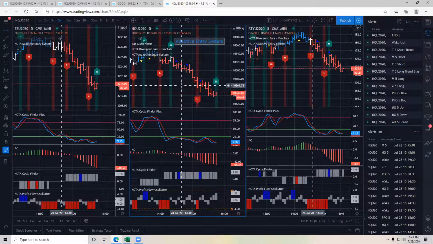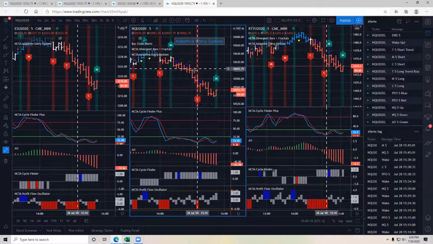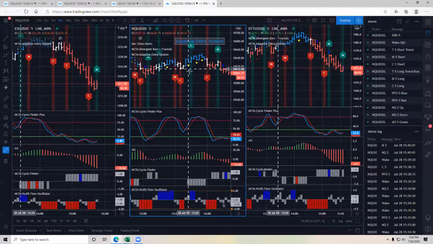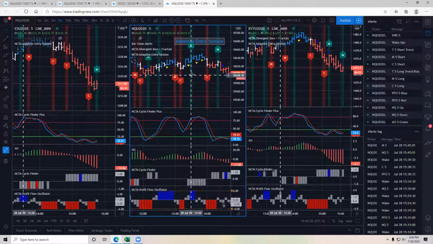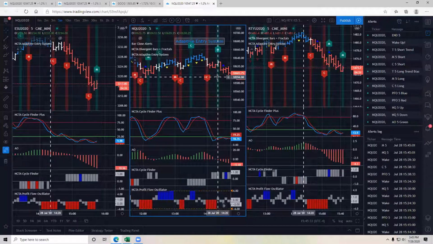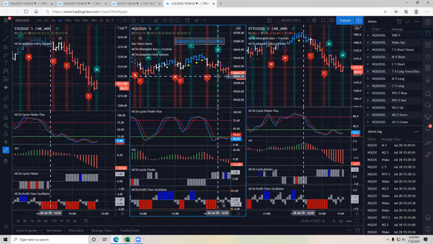Method entry number two is a consensus signal, and we've got short consensus signals as evidenced here by a red highlighted vertical bar, and we've got long consensus signals as evidenced here by a green highlighted vertical bar. And then we have momentum signals, which are highlighted by a red bar and an M label, and we've got short momentum signals, and then we've got long momentum signals.